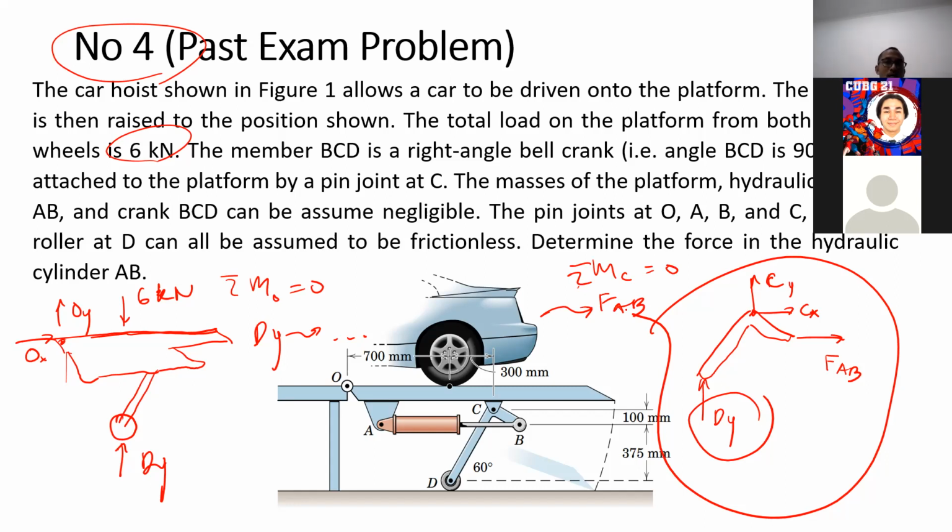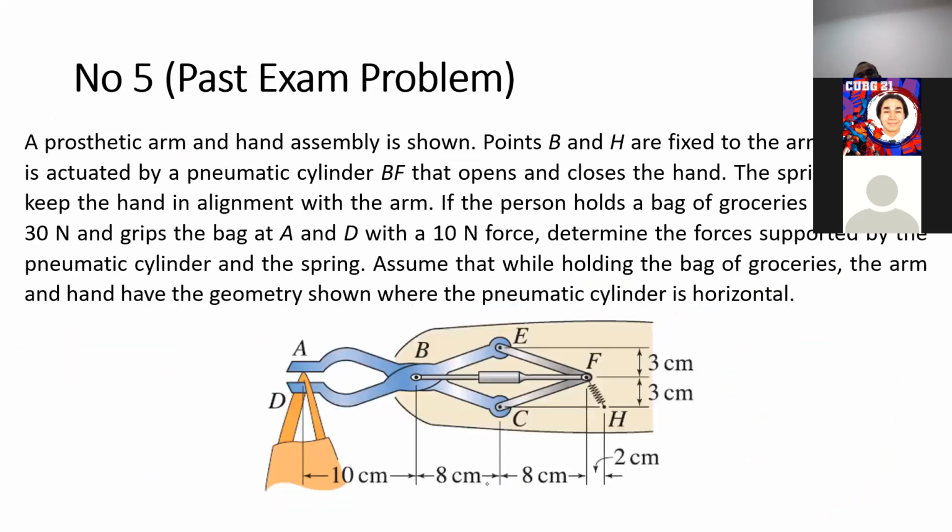So this is our fourth problem. Then let's go for number 5. Do you have any questions here? Basically, here we have several free body diagrams and several two force members. EF is a two force member. CF is a two force member. Then BF is a two force member, so we can simplify the case using that.